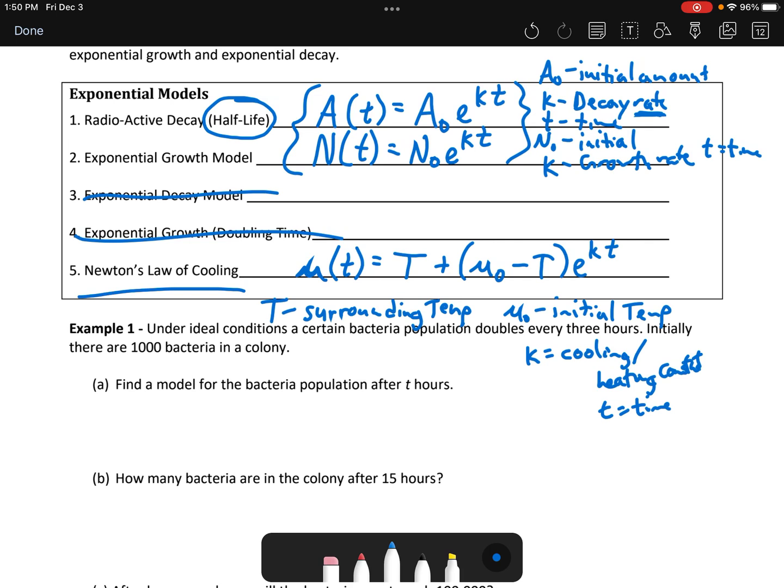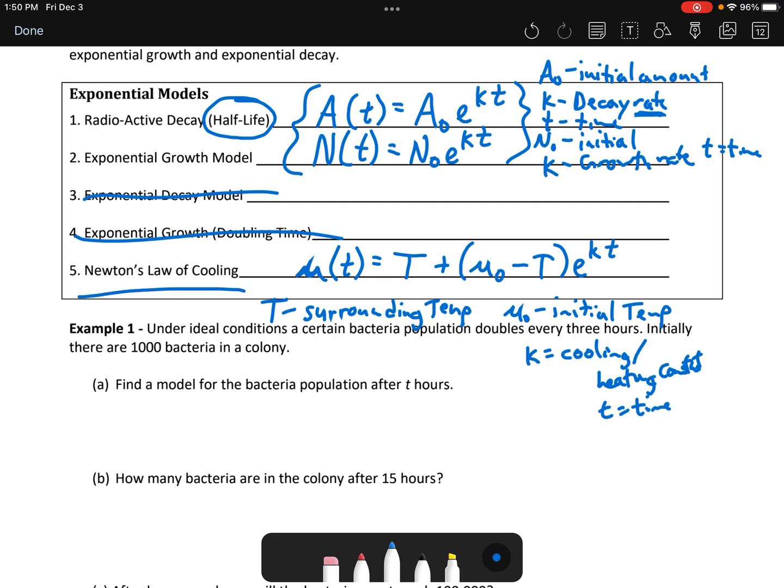So we're going to start here with example 1. Let me preface all this by saying you're usually going to find k. That's usually the first thing we have to do in order to solve an equation. We have to know the growth rate or the decay rate. That's really what's important.